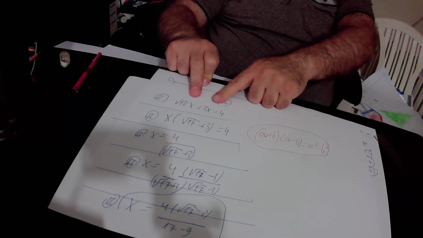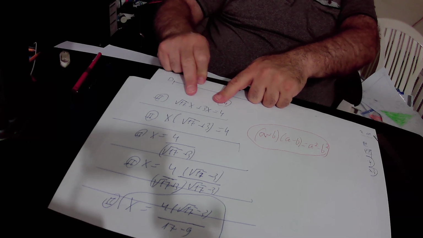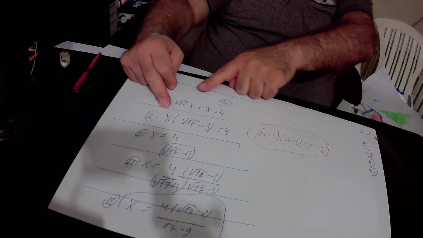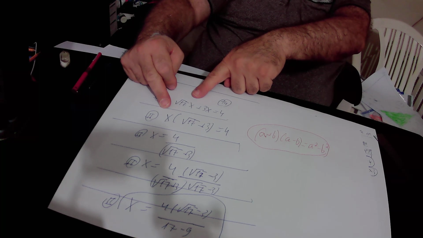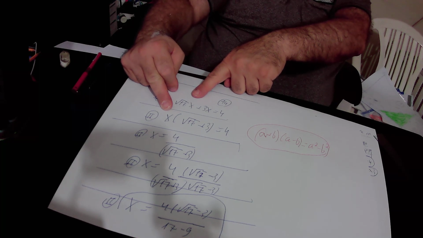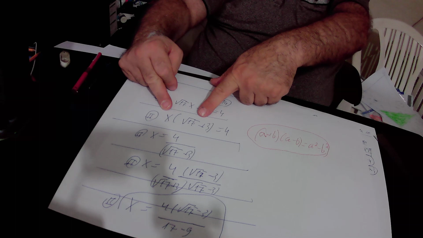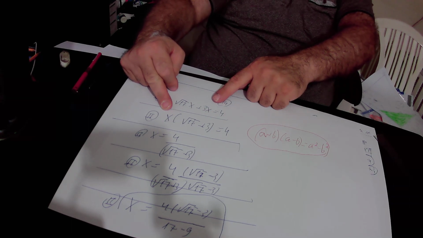Here we took a common factor x from these expressions. What is left from the square root of 17 times x after we took x as a common factor? It is actually square root of 17, and what is left from 3x after we took x as a common factor?